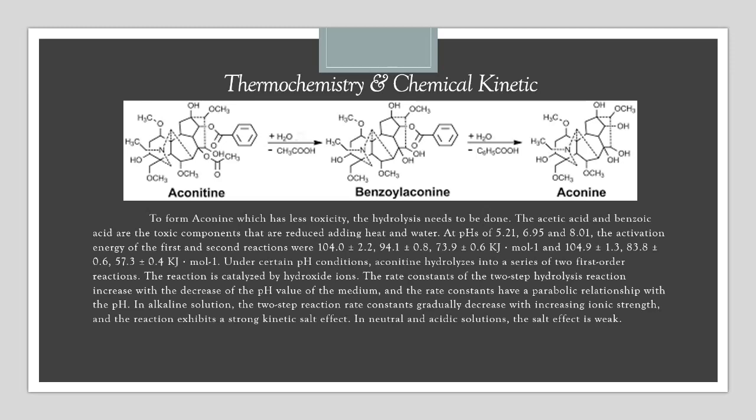6.95, and 8.01, the activation energy of the first and second reaction. For the first reaction, which is aconitine to benzoylaconine, for the pH of 5.21, it's about 104 kJ per mole.